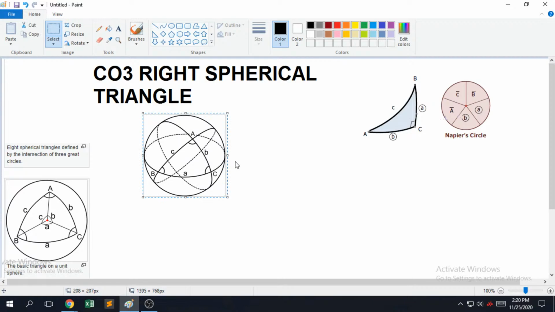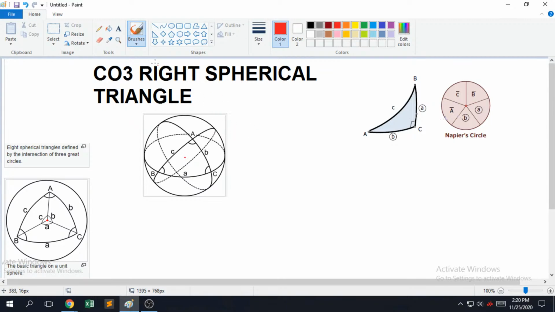This is an illustration of a sphere with three great circles, or circles that pass through the center of that sphere. Let me put a dot on the center. So at the center of the sphere, each of those circles passes through that point, the centermost part of the sphere.